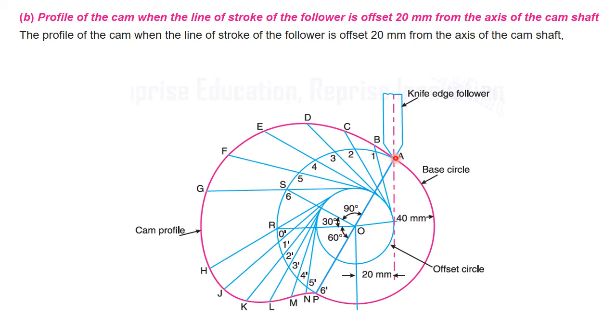Here we know that the stroke length of the knife edge follower is 40 mm.